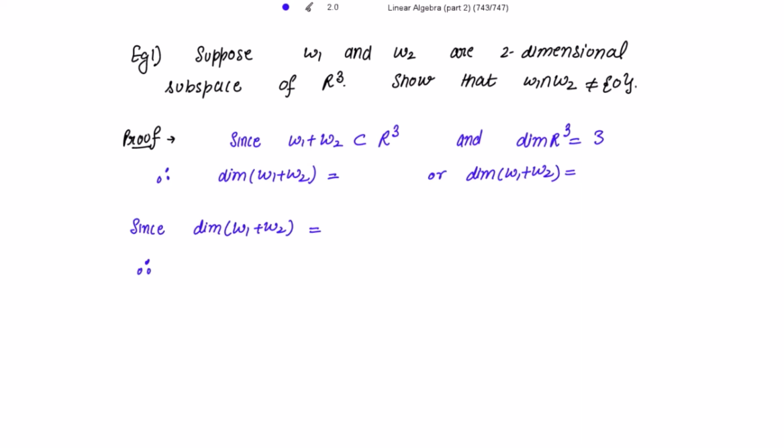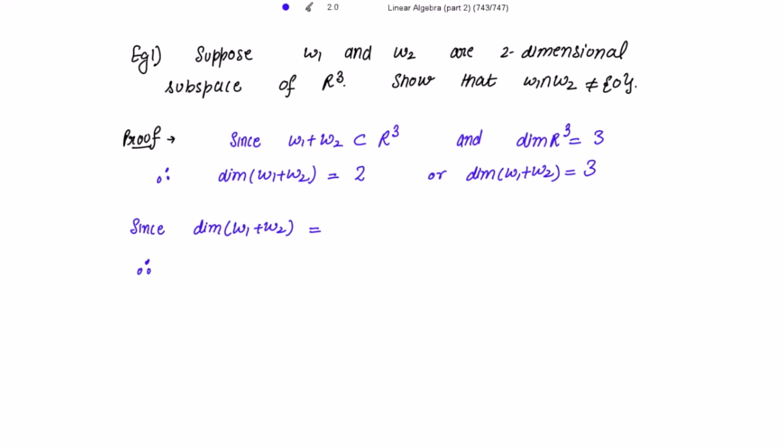So we can take the dimension of their sum to be equal to their dimension, that is, 2, or the dimension of their sum is equal to the dimension of the given vector space, which is 3. Of course, the dimension of this sum cannot be greater than the dimension of the vector space, right?